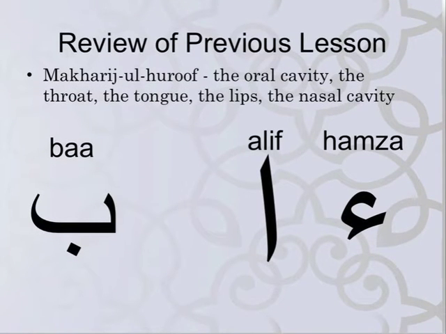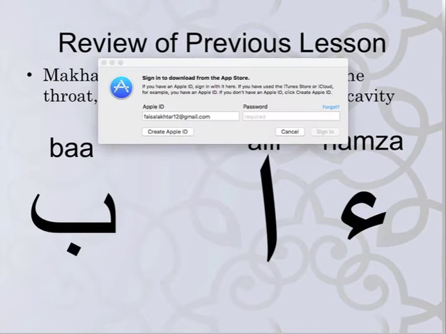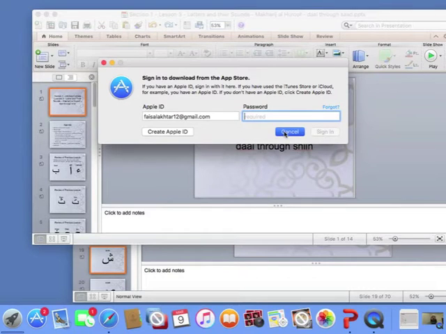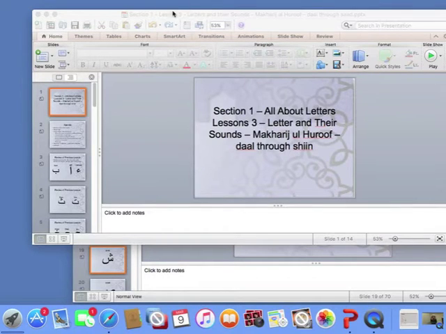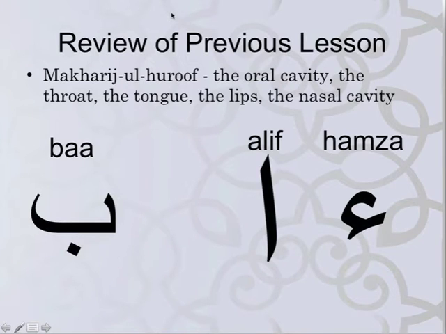So, review of the previous lesson. What did we learn in the previous lesson? We learned all about Makharij-ul-Huroof.